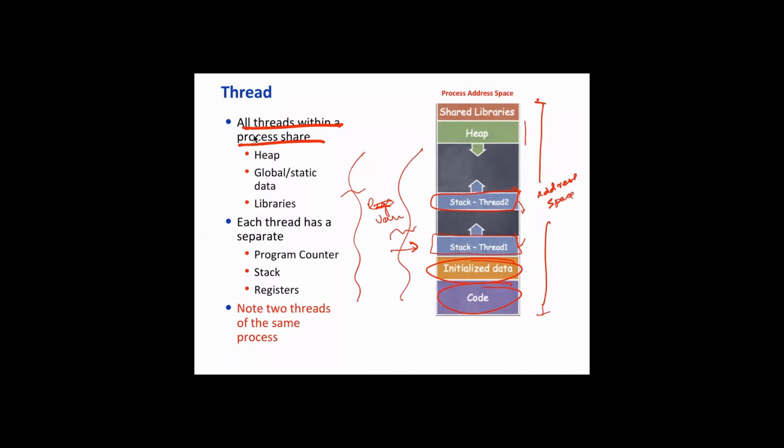Both threads may be doing some calculation and both may modify the same global variable. Nothing wrong. Just like when we declare a global variable in a program, it is visible to all functions, similarly global variables are visible to all threads.